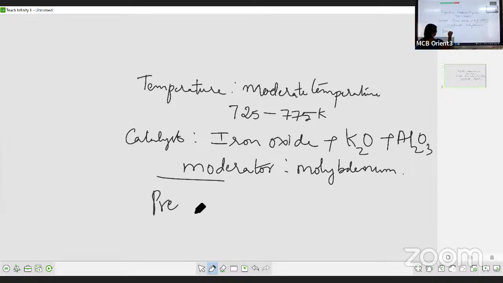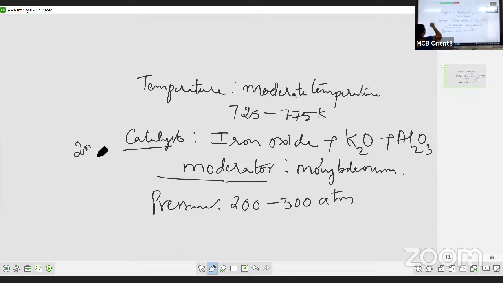We have seen in the other slide, pressure is 200 to 300 atmospheres. So pressure, temperature 725 to 775 Kelvin, and the catalyst iron oxide with little amounts of potassium oxide and aluminum oxide, and moderator molybdenum. If you write these conditions, you'll get 2 marks. So out of 4 marks, 1 mark we got for writing the equation and 2 marks for writing the conditions.